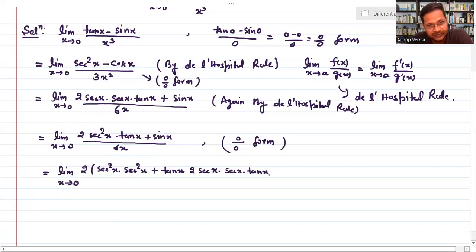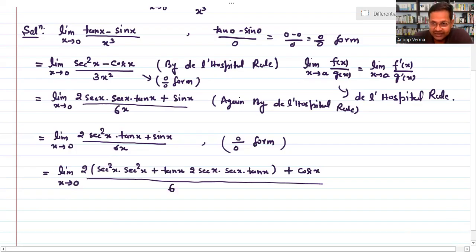I'm just applying the product rule in the derivative, and the derivative of sin x will be cos x, and this is divided by 6, because the derivative of x is 1, so it will be equal to 6 into 1.